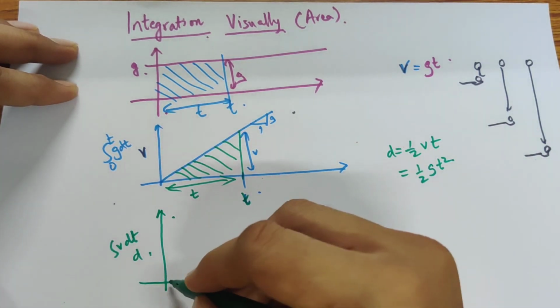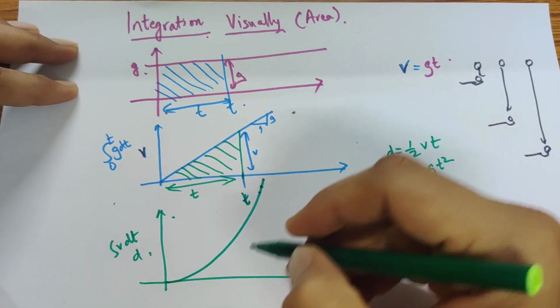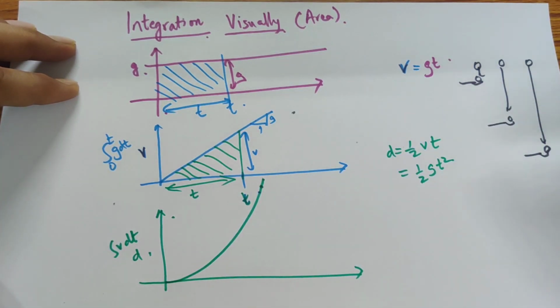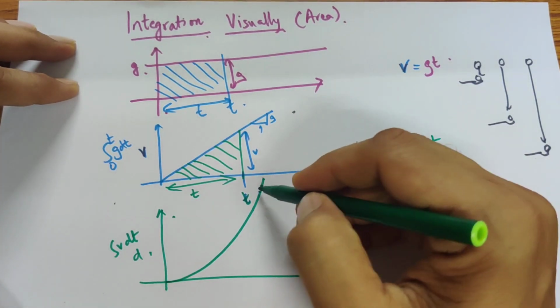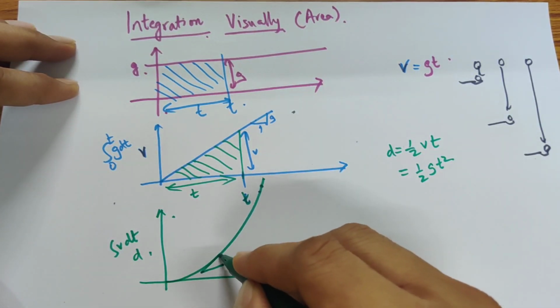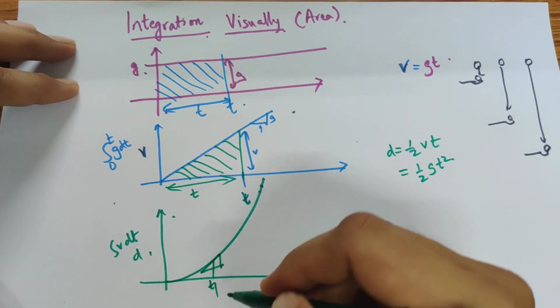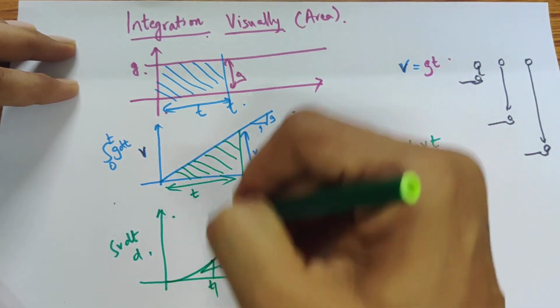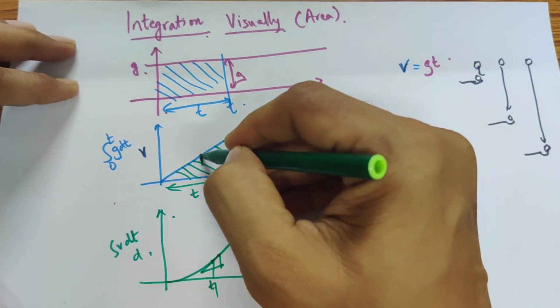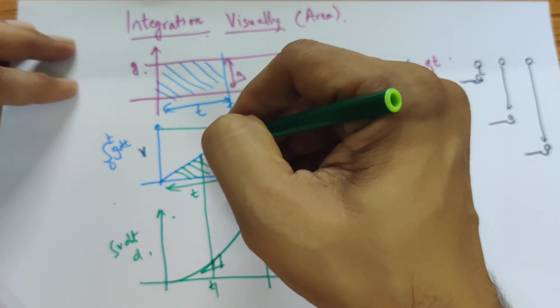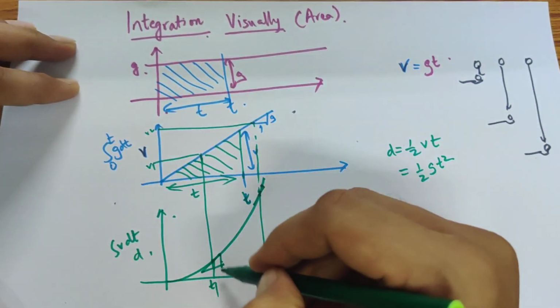So this is a parabola. As the velocity is also increasing, the distance that you are traveling in a certain period of time is constantly increasing. The slope of this is actually increasing. Here the slope is this velocity v1, and here the slope is the velocity v2.